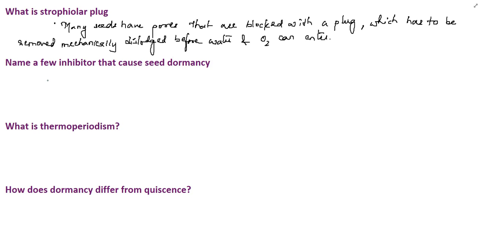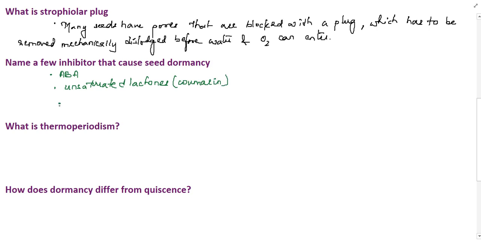Next question is, name a few inhibitors that cause seed dormancy. First, a plant hormone which causes seed dormancy is abscisic acid. Next, there are a few unsaturated lactones, which is coumarin.